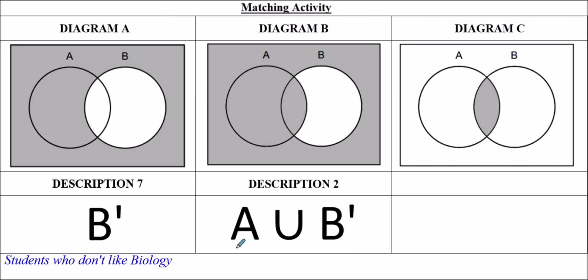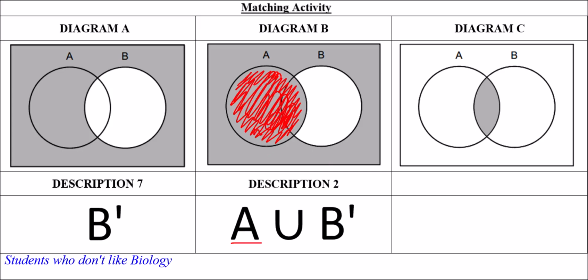So if I colour in what A is, just this circle here. You need to remember as well this U symbol means union, my mistake. U is union. It means the joining together of the regions.